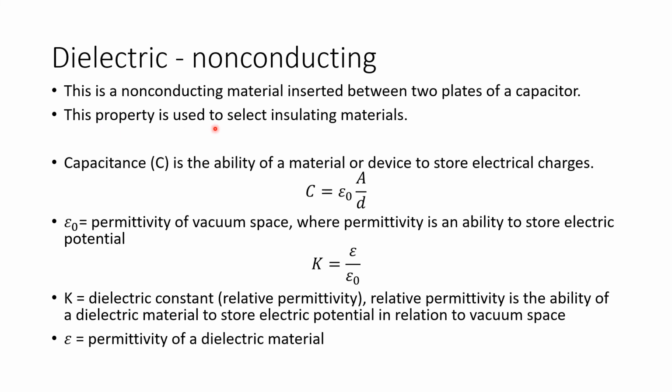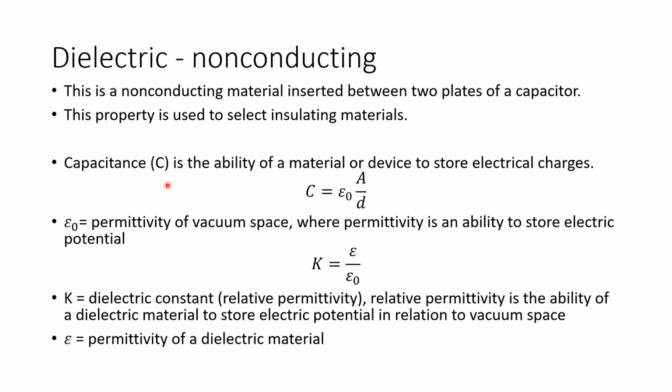So this property is used to select the insulating material, okay? Because we need insulation in many of our devices. Otherwise, they're going to explode, or burn, or we can't control the thermal energy.